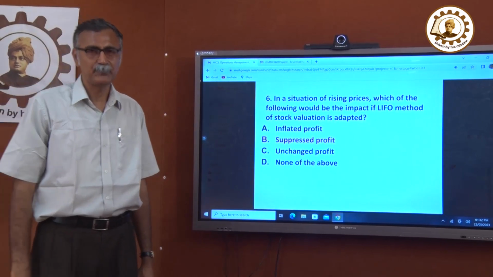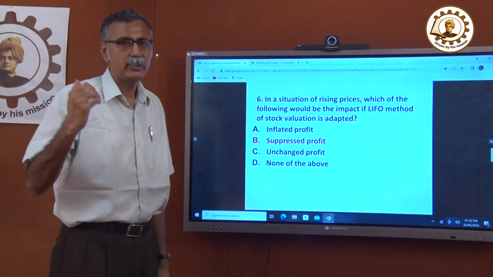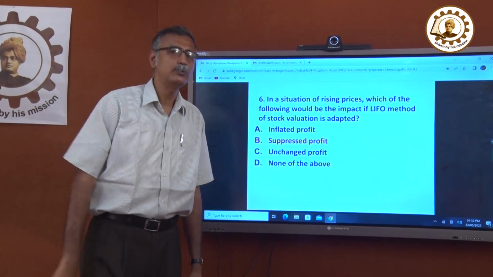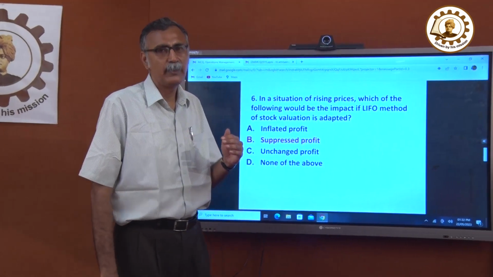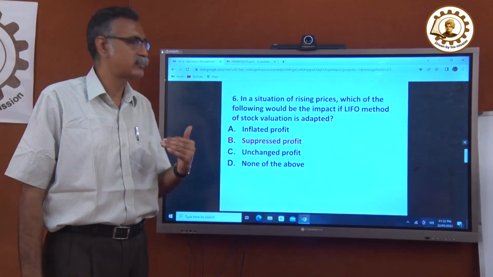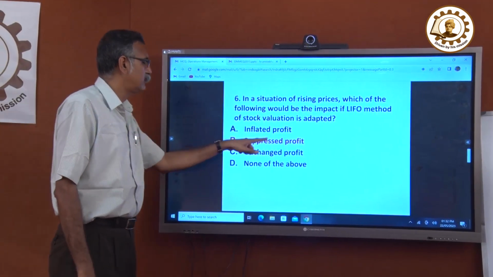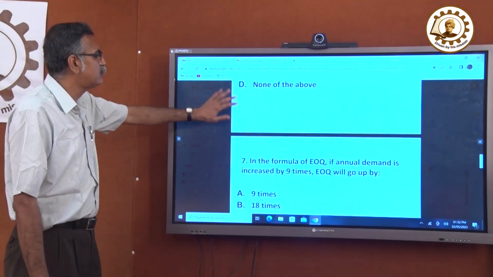These are the assets. So if you undervalue the asset, if you undervalue your stock, your profit will also be suppressed. So that's why option B is the right choice here.